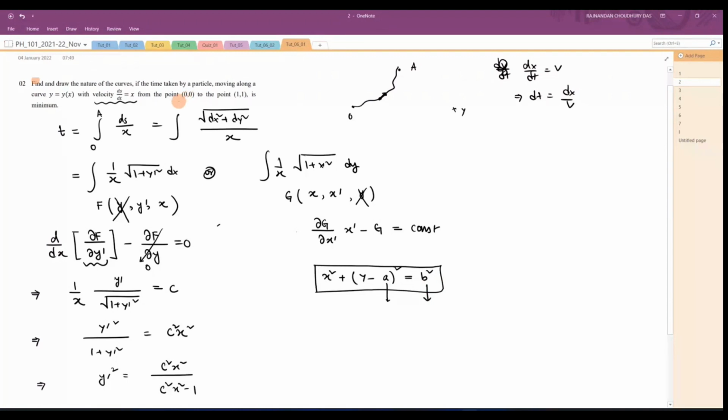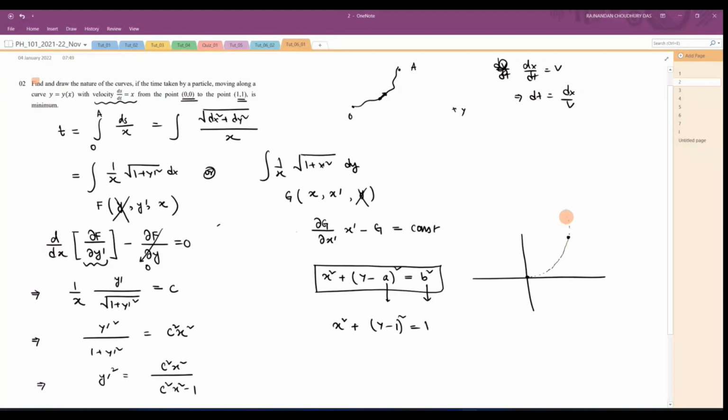So it passes through (0,0) and (1,1), both points. So when you write, your equation will become x squared plus (y minus 1) whole squared equal to 1. Now if you draw it, you know the points are here and here.